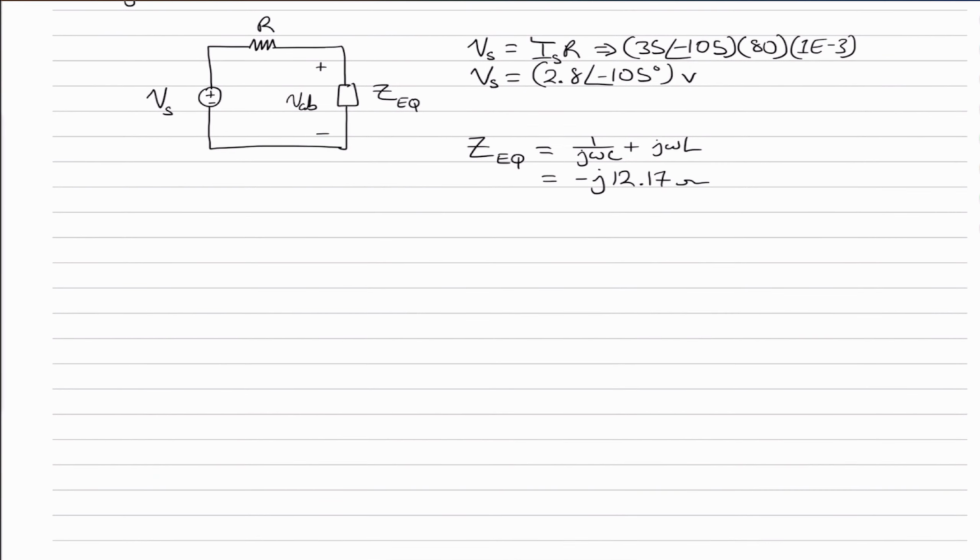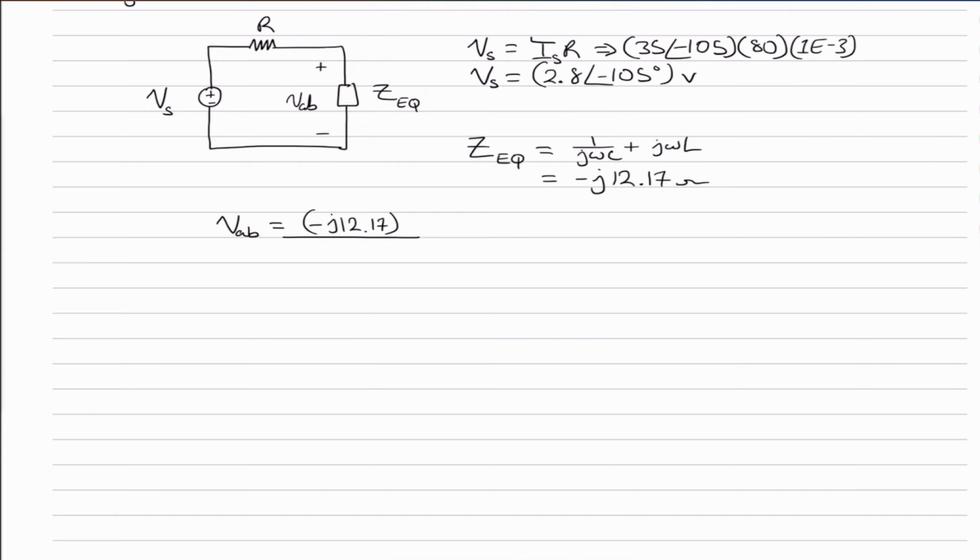So by using voltage division, the voltage across the capacitor and inductor, in this case the voltage across Z capital EQ, is equal to the targeted impedance, the impedance that we want the voltage across, which is ZEQ, that is minus j 12.17, divided by the total impedance of the circuit, so the equivalent impedance of the circuit.